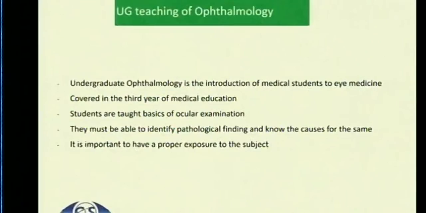So when you're looking at UG teaching in ophthalmology, the main thing is that undergraduate is basically the introduction to ophthalmology, and what we need to see is that the doctors who come out, the general practitioner whom Dr. Panda was just talking about being the link, have to be the link for the ophthalmologist also. And that is very important.